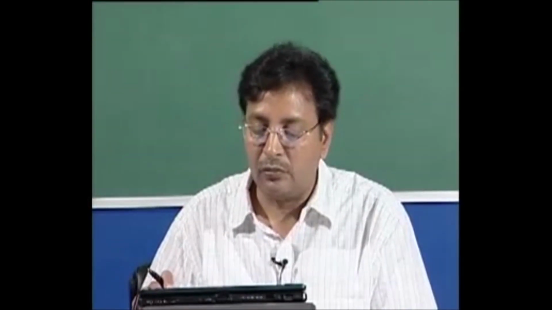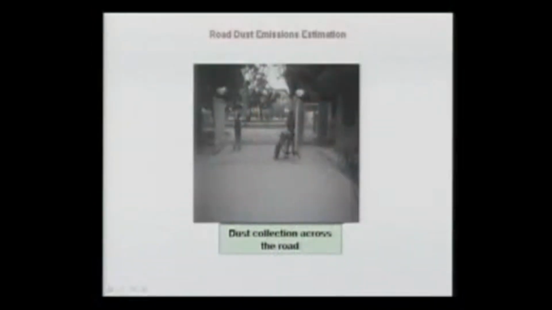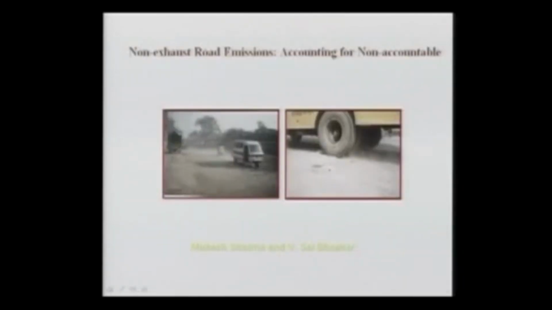Let's further go and see how one can estimate the road dust. The picture here shows how one can estimate the emissions caused by the movement of vehicles on the road, because this can be a major source both in urban areas as well as in industrial areas, because lots of trucks are moving. We want to find out the non-exhaust road emissions.